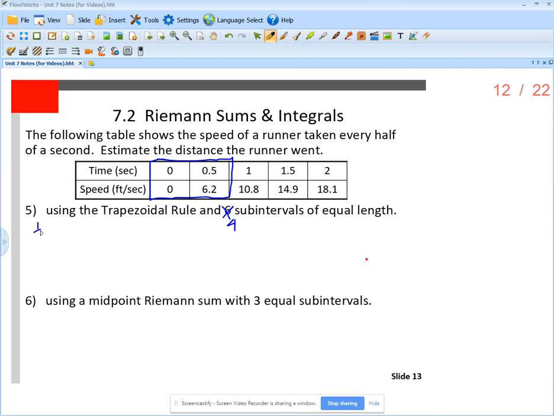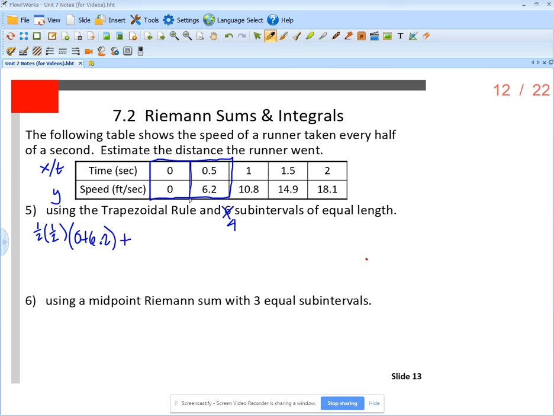My trapezoid rule is 1/2 the distance between the bases. So the distance between the bases here would be 1/2 or 0.5. And then you want the sum of the bases. The bases again are your y values. So here was my x or my t, here's my y. And y is giving me the length of the base. So I'm going to have 0 plus 6.2.